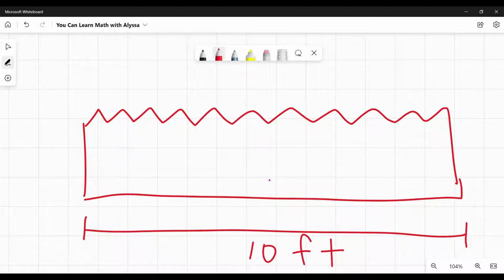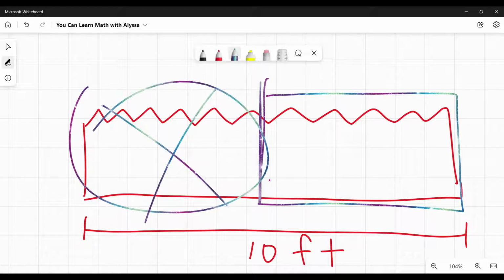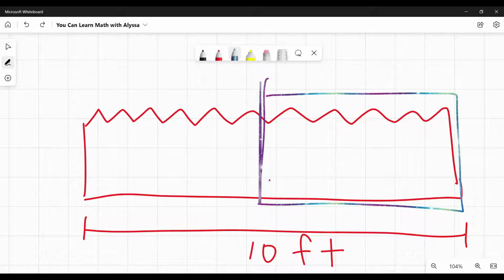And then you say, oh, I already have some fence, so I only need half that amount. I already have this bit, I don't need that, but I do need a little more fence. I need half of the length.